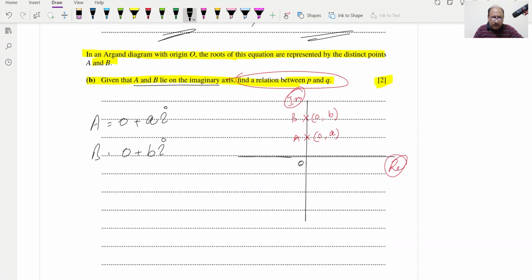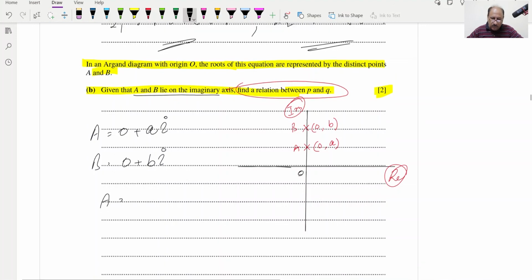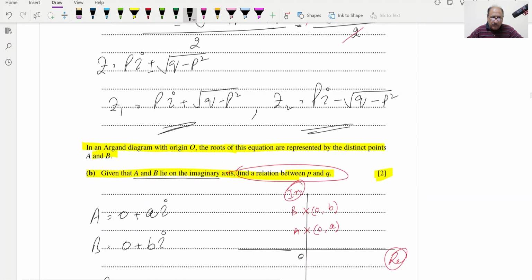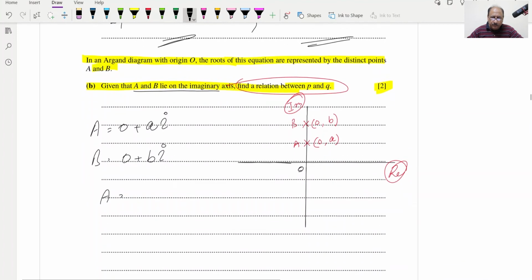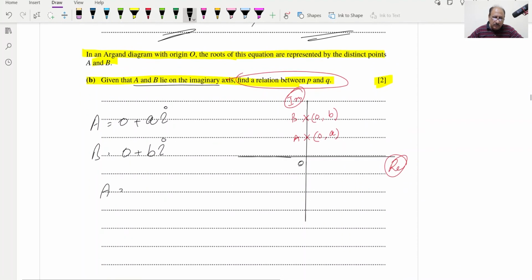Now we can write A is equal to what we have done over here, p iota plus under root q minus p squared. So from the previous part, p iota plus this will be q minus p squared, and what we can do, this q minus p squared is negative because p cannot be greater than q.